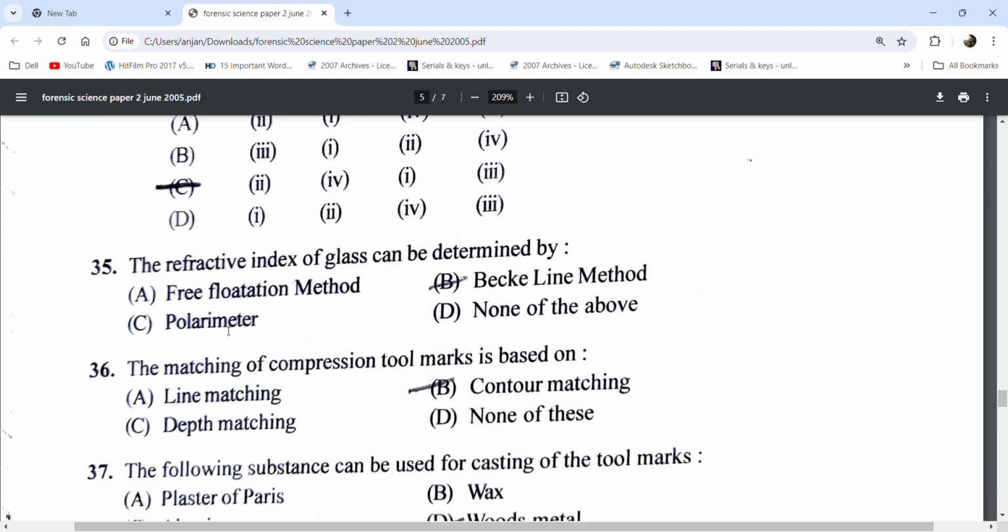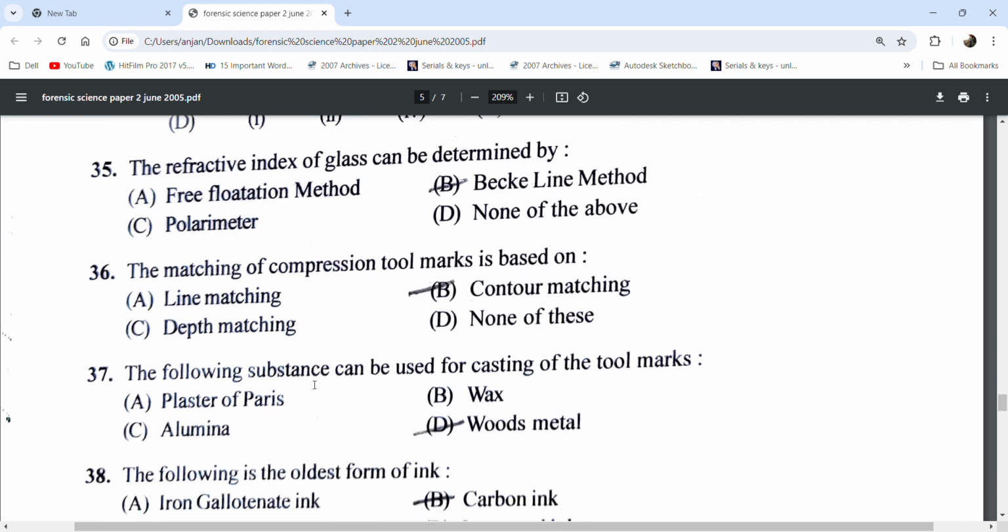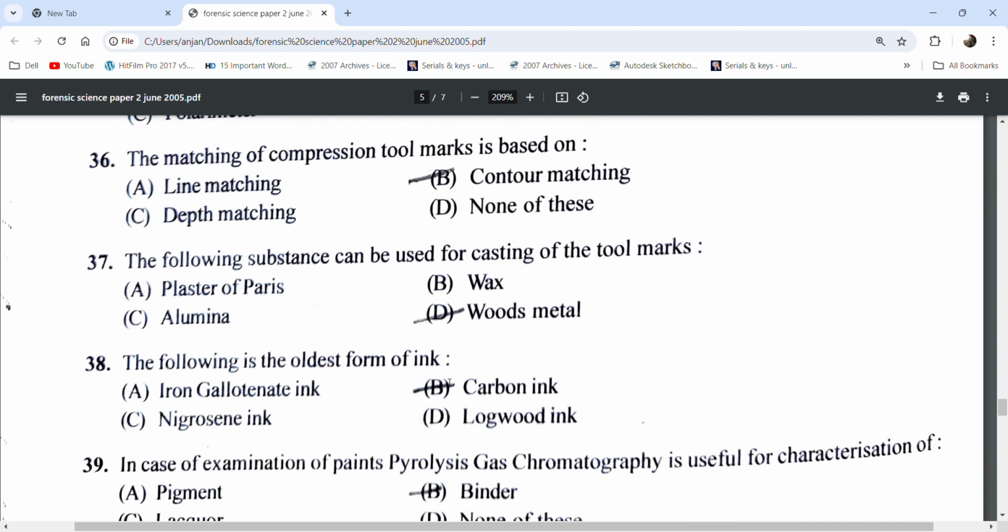The refractive index of glass can be determined by the Becke line method. Compression tool marks are used for contour matching. The following substance can be used for casting of the tool mark: Wood's metal.